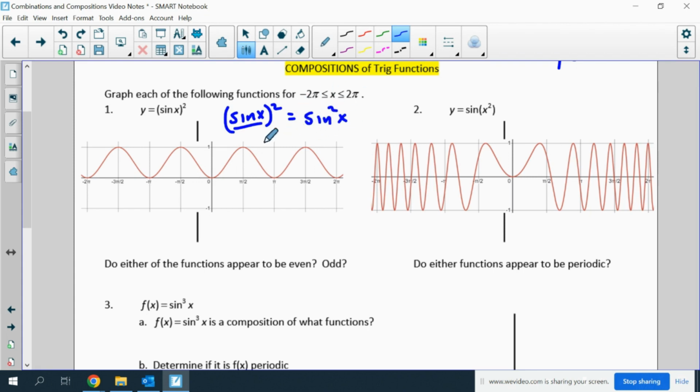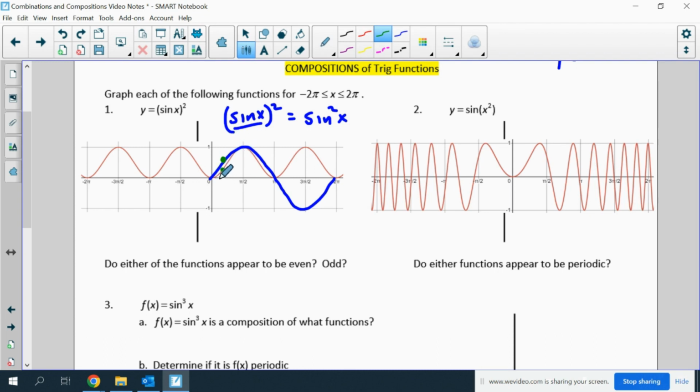You've seen that before. But notice that sine kind of would look like this. What ends up happening is everything that's a fraction or less than 1 goes in a little bit, right? Because, for example, when y equals 1/2, when we square that, it should be down to 1/4.